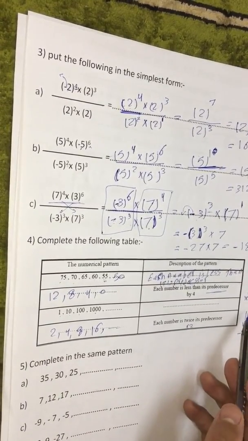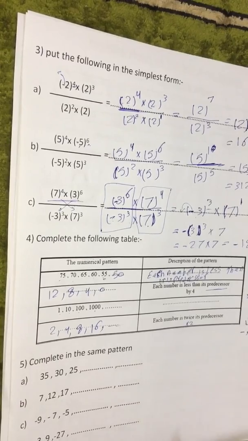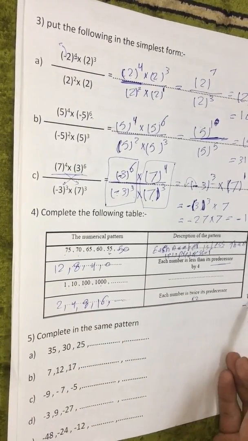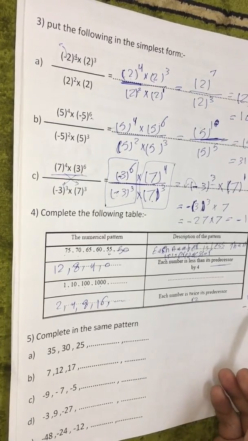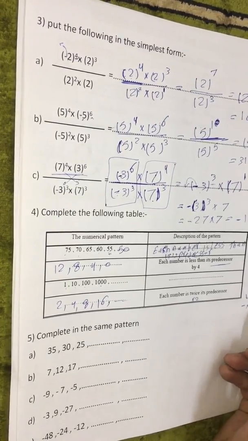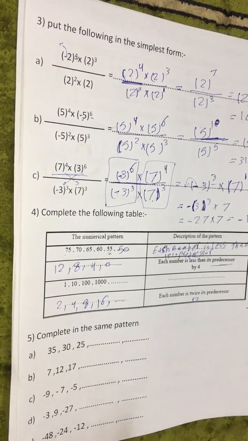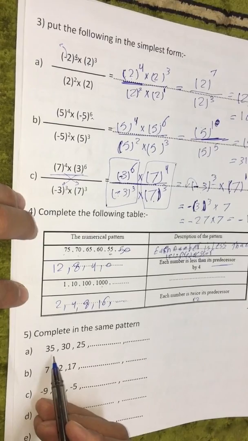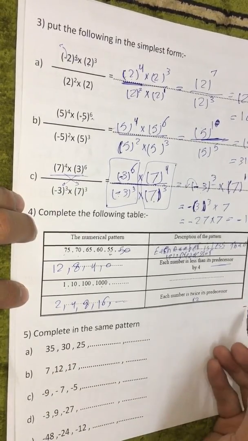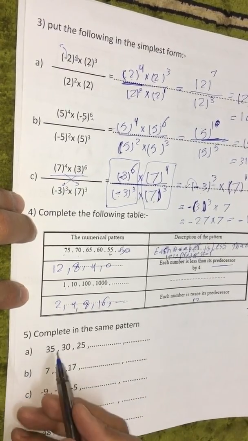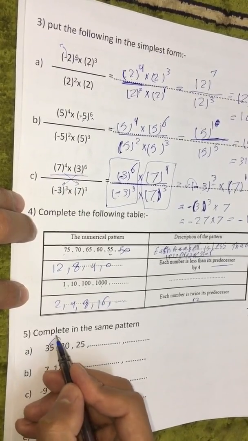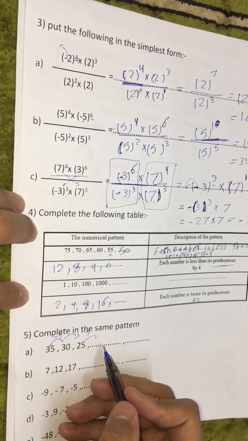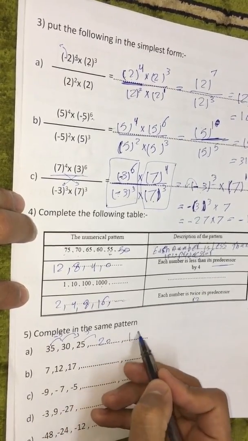We must know if the number increased, that means you multiply or plus. If the number decreased, that means minus or divide. Increased is ascending, decreased is descending. Like the following: 35, 30, 25, it decreased, so you must minus 5. So the number after 25 equals 20, next 15.